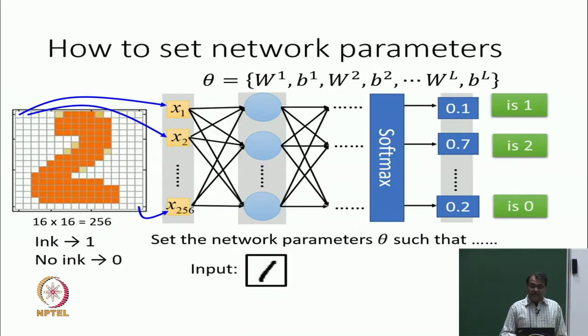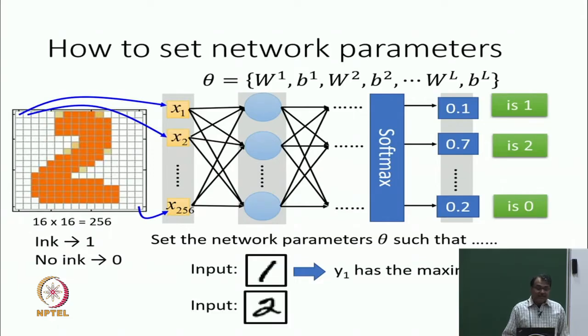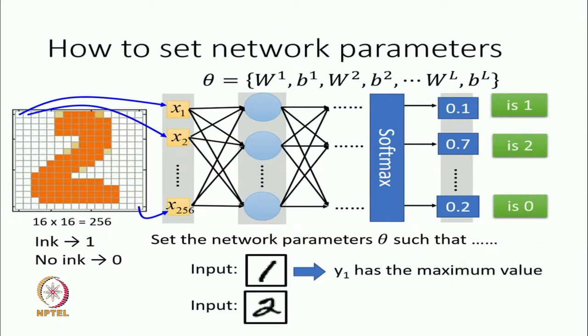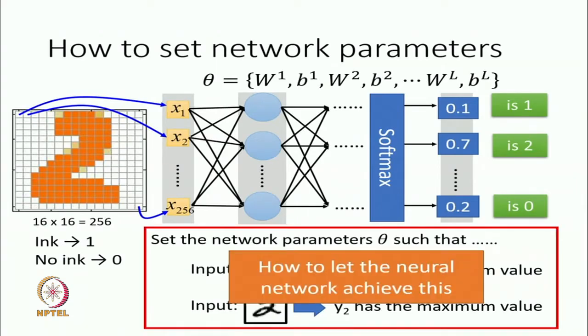I am given this image, and for this image the output should be 1. I am given this image, and for this image the output should be 2. This is given to me. My goal is to find the parameters theta that allow me to achieve this.